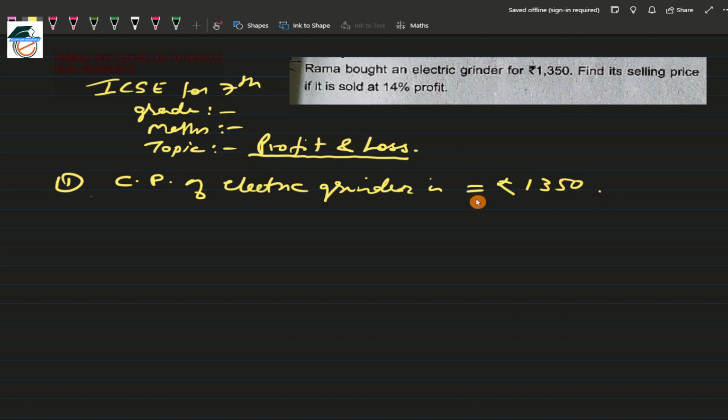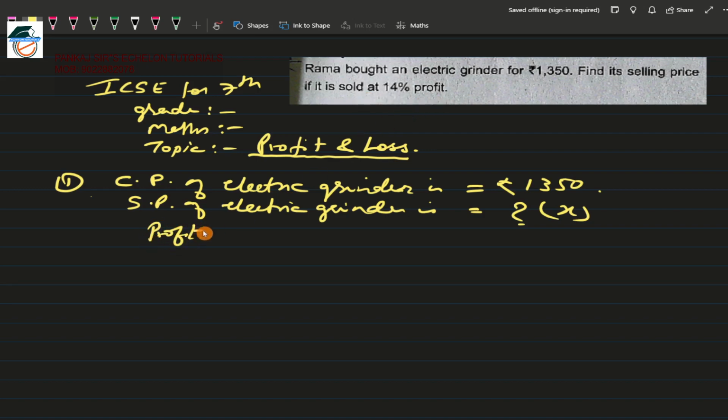Now find its selling price. So what is the selling price that he has asked you to find out? The selling price of the electric grinder is equal to, say, X. It is a question mark, so let us say X. And what is the selling price if it is sold at 14% profit? So the profit percentage is equal to 14%.